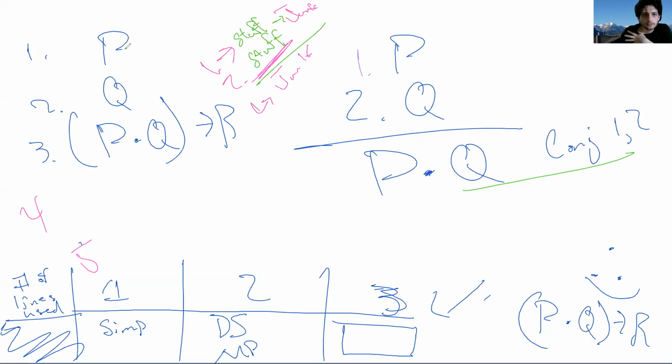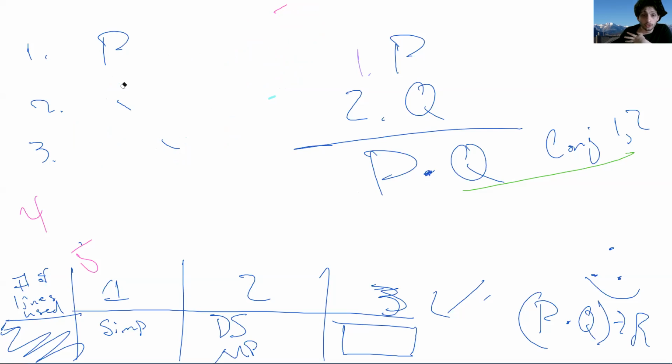But let me just also make sure it's clear. The sentences can be as complicated as we want, but it's just about identifying the main operator.